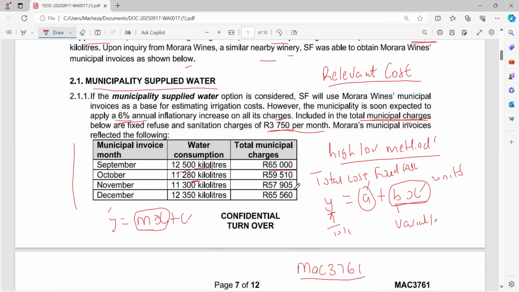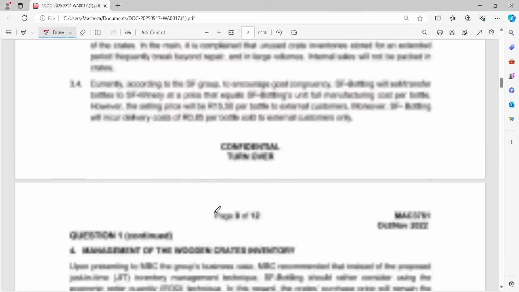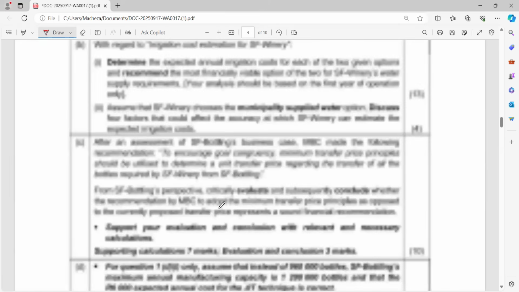So we now apply the 6% annual increase on our variable cost.